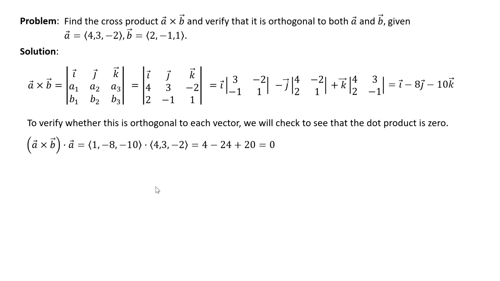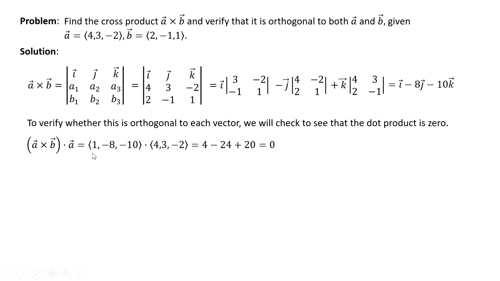Okay? A cross B dot A. A cross B, well, it's in terms of ijk, but I can clearly write that using the angle bracket notation: 1, -8, -10, and A is already given to be 4, 3, -2. What do we do to find the dot product?